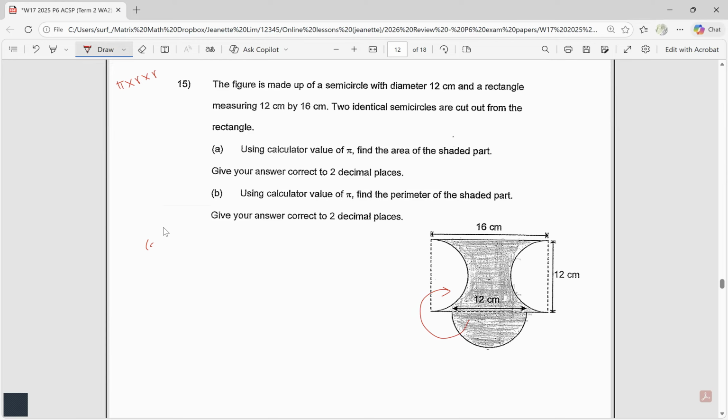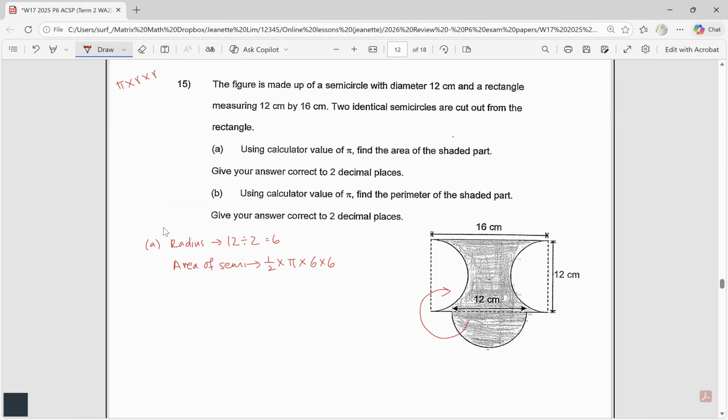So for part A, let's find the radius of the semicircle first. 12 divided by 2, which is 6. Area of semicircle: a semicircle is half of a full circle, so you need to times half. Half times pi times radius times radius.